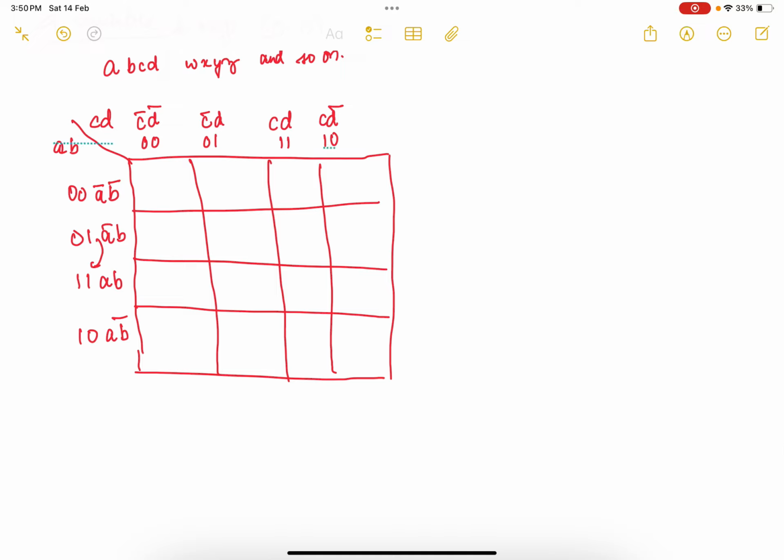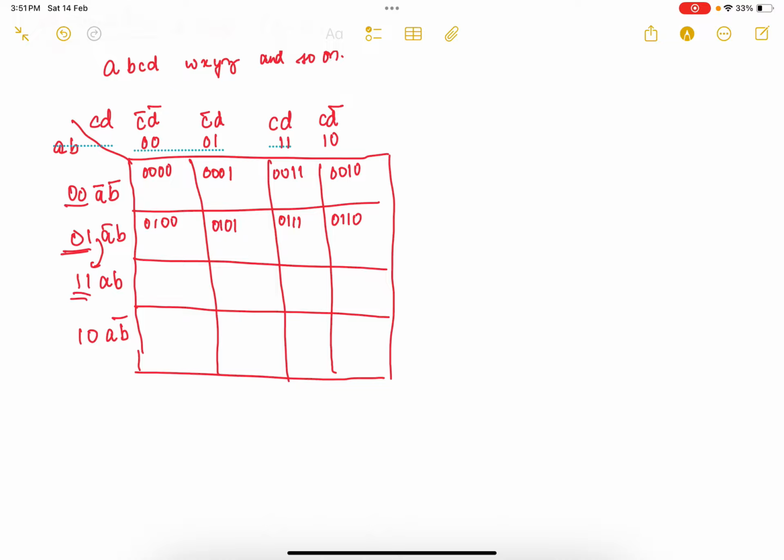Once you are writing this, you write 0 0 multiplied with 0 0, so 0 0 0 0, 0 0 0 1, 0 0 1 1, 0 0 1 0. Now with the second row 0 1, it is nothing but 0 1 0 0, 0 1 0 1, then 0 1 1 1, then 0 1 1 0.